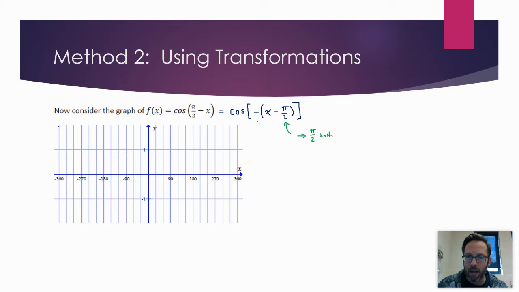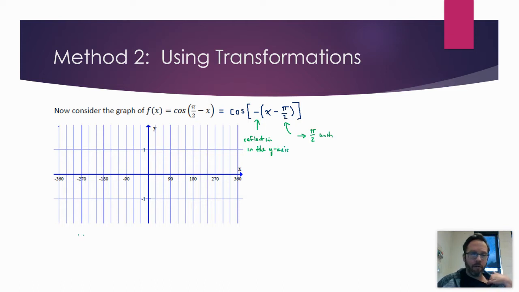And the negative indicates a reflection, and because it's on the x, it's a reflection in the y-axis.